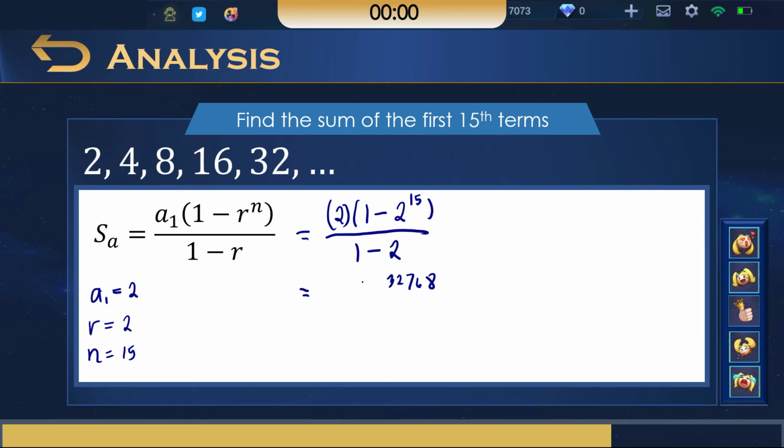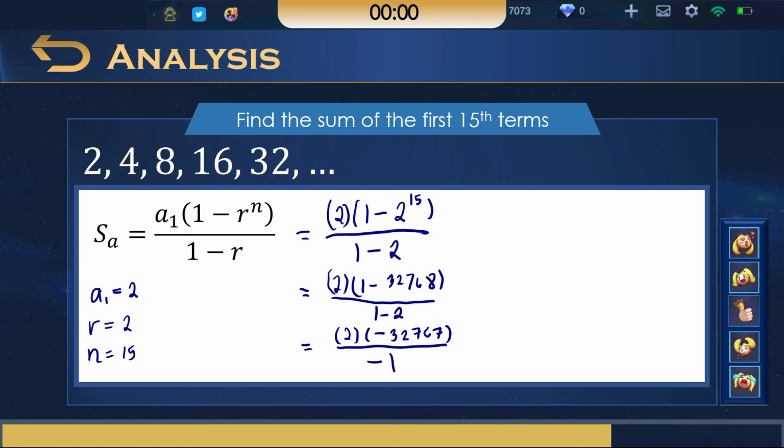So we have 1 minus 32,768, times 2, all over 1 minus 2. The next thing, 1 minus 32,768 is equivalent to negative 32,767, times 2, and 1 minus 2 is equivalent to negative 1.